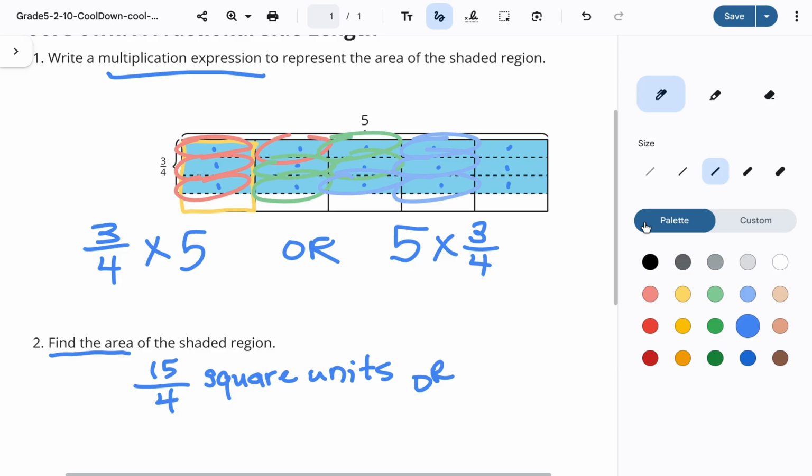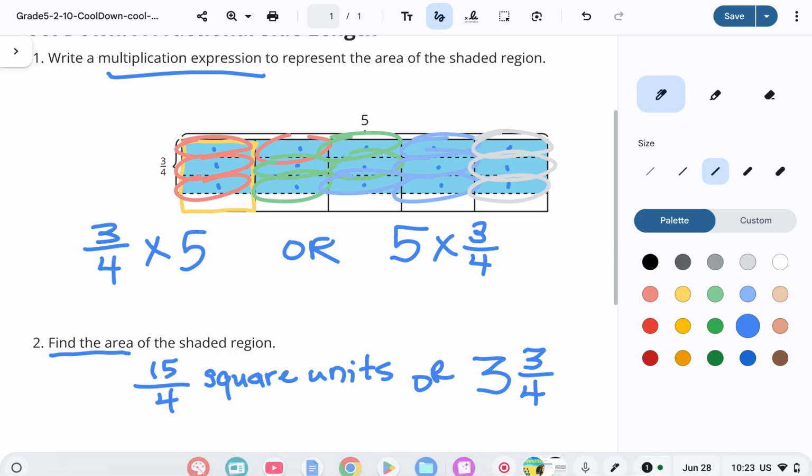So I am going to report in my mixed number, my whole number to be 3. Now how many extras do I have that are not enough to make a whole? There are 3/4 left. So I could go ahead and report the proper fraction part of my mixed number as 3/4, and take a look. I could report this with an answer of 3.